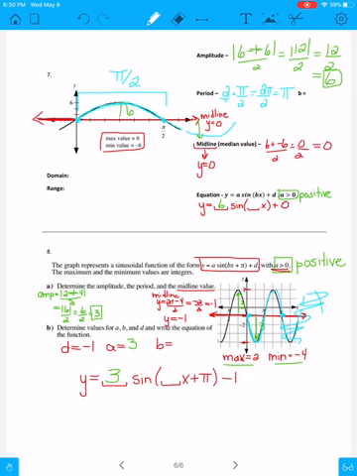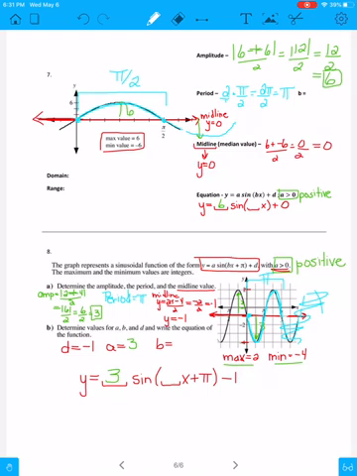So we go from past a minimum, past a maximum, back down to here. And that happens at pi. So this one has a period equals pi.